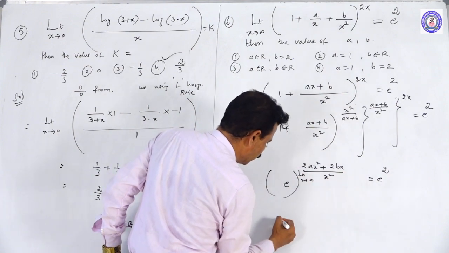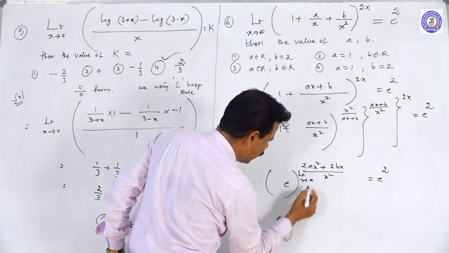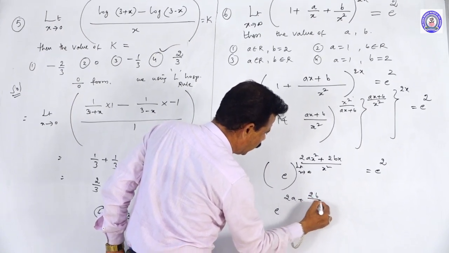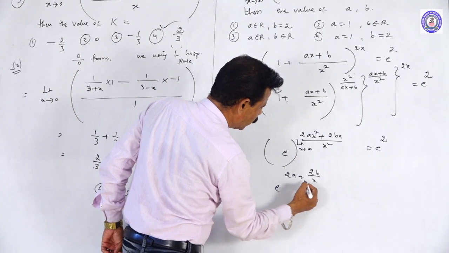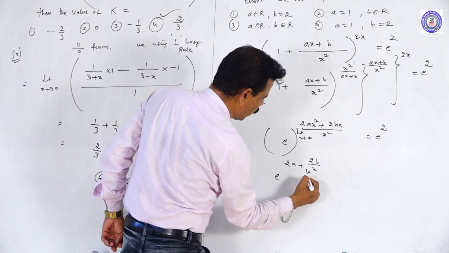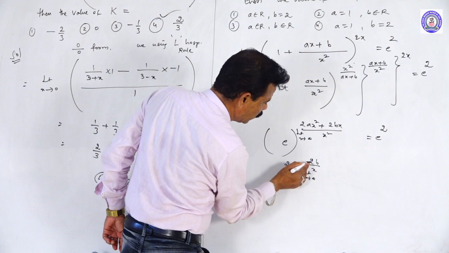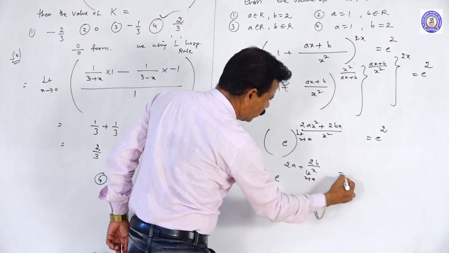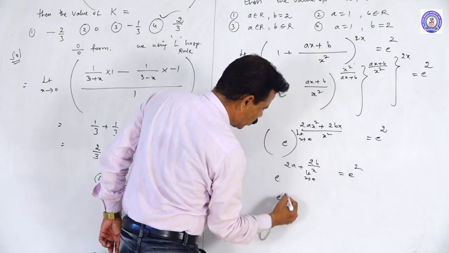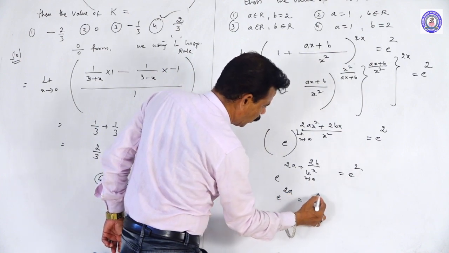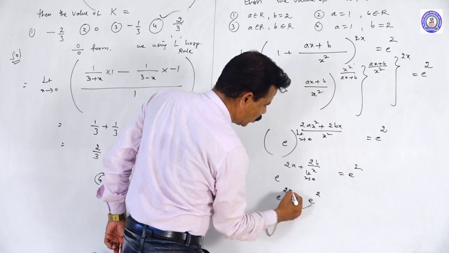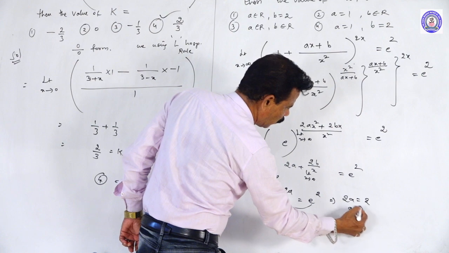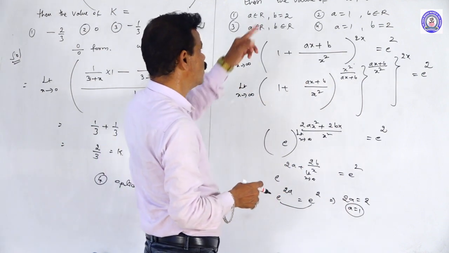So e power 2ax square by x square, which is 2a only, and 2bx by x square, which is 2b by x. Here x tends to infinity, so something by infinity is 0. This value is completely 0. It becomes e power 2a is equal to e power 2. The bases are equal, so 2a is equal to 2, a is equal to 1. So a is equal to 1 is satisfied.